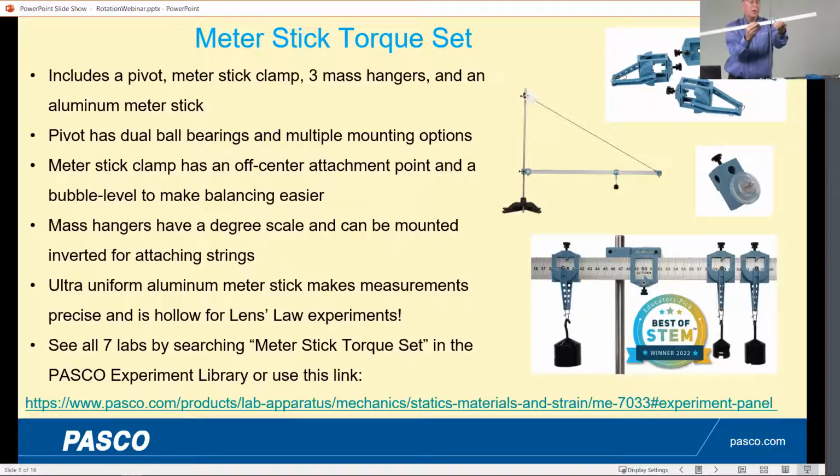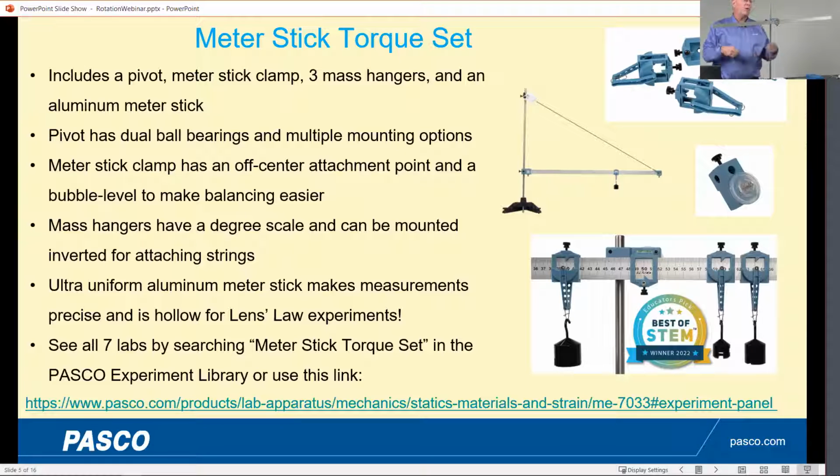You're going to see it comes to equilibrium a lot easier. And so it makes balancing experiments easier, quicker, more accurate. And so I got it at 50, stays balanced pretty well.